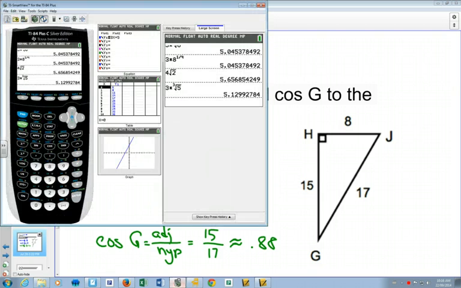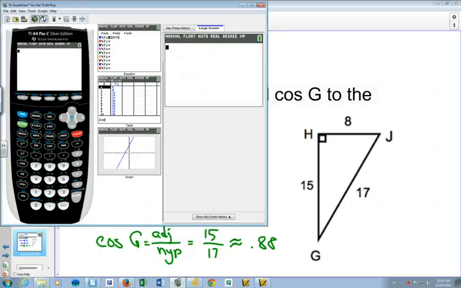Looking at angle G, what angle do you think it looks like? 80 degrees, 10 degrees, 3,000 degrees? How big is that angle? Approximately, just looking at it. Smaller than 90. Give me a number though. 35?